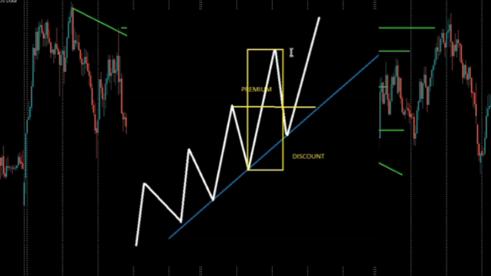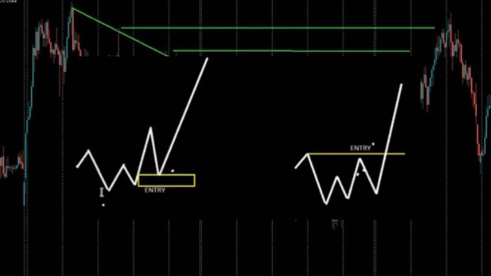So let's look at the entry criteria. Once price comes to that trend line, you switch to the 15 minutes time frame. In this time frame, you look for a reversal pattern.